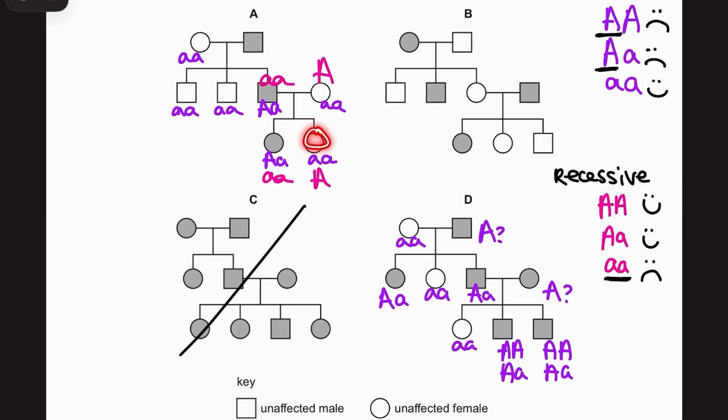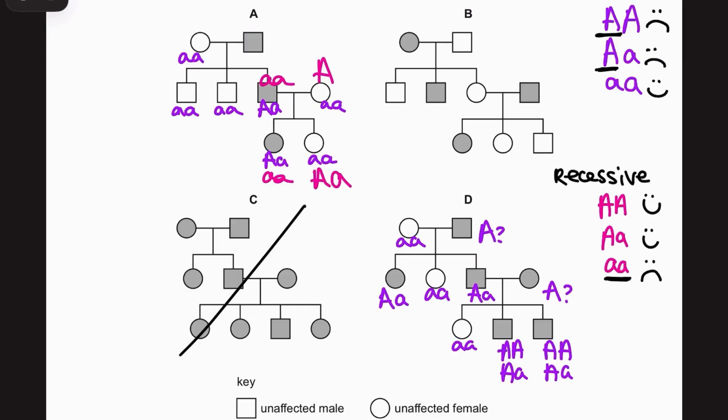For this daughter, she got the big A from her mother, and then the small a from her father, right? So therefore, this daughter must be big A, small a, because she only got the big A from her own mother, which protected her from having the condition. That's why she's white. And then the small a she got from her father. Okay?